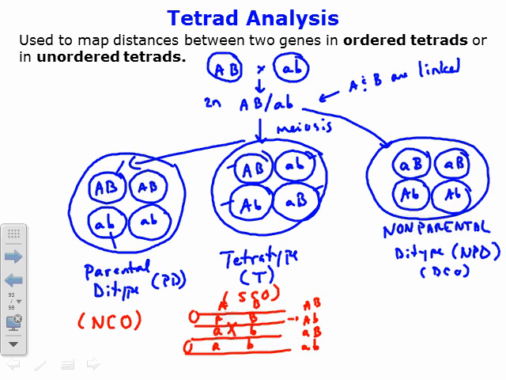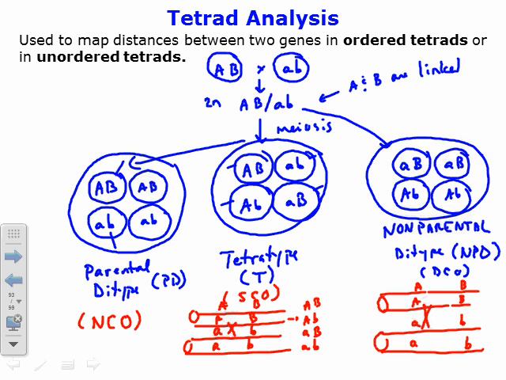And here's another example of maybe the rarest spore type we would expect to see. So in this case, if we draw out our 2 homologs, we have big A, big B, big A, big B, little a, little b, little a, little b. If crossing over occurred here between those 2 non-sister chromatids and between these 2 non-sister chromatids, that would yield, I'm kind of running out of room here, so I'll draw the spore pattern over here.